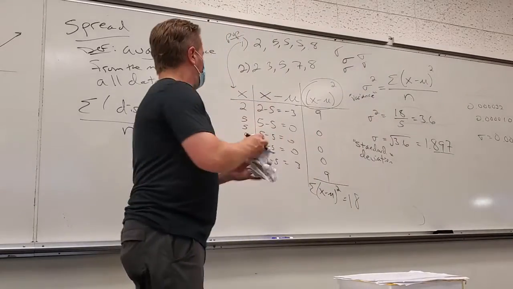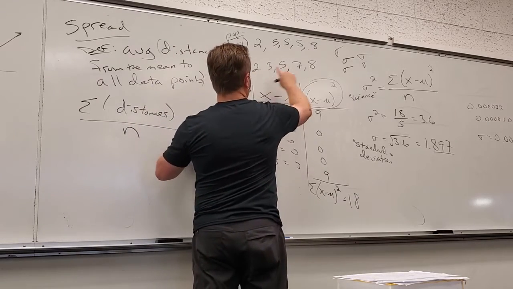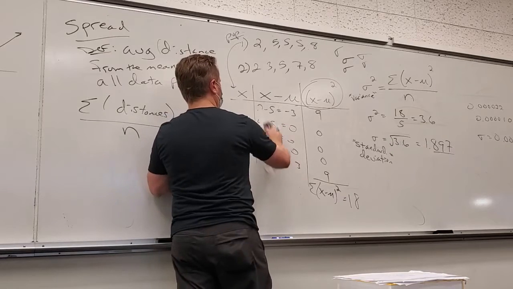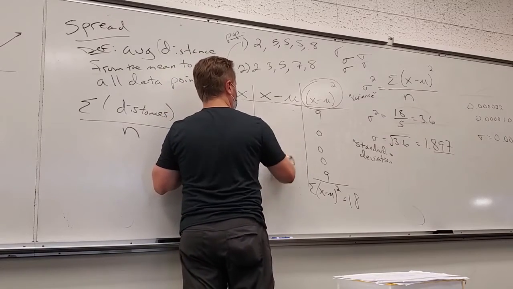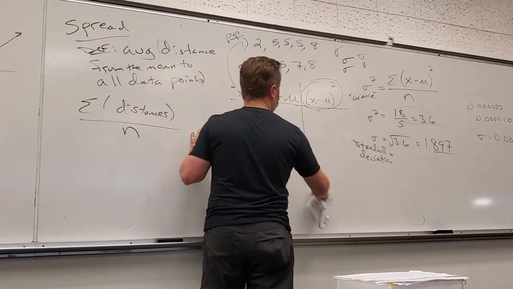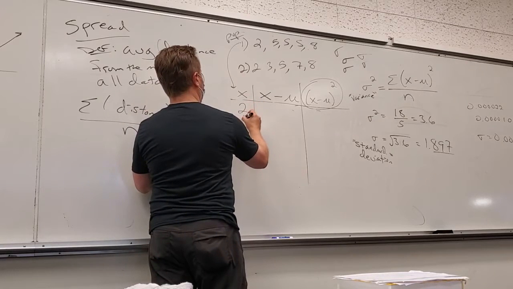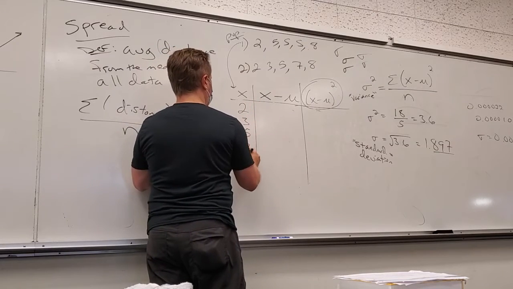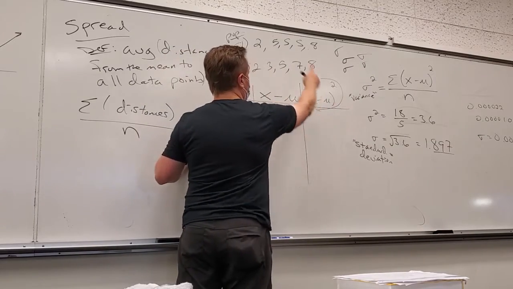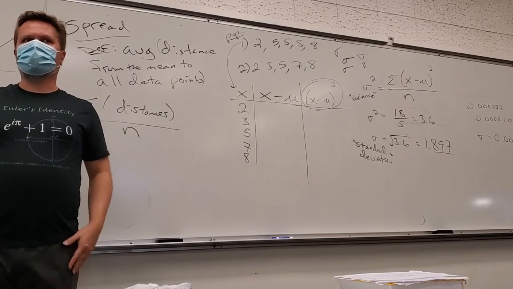So, what I want you guys to do is to set that up here. I'm going to let you get a little bit ahead of me and then I'll catch up to you. Remember, our prediction was this guy's spread should be more than that guy's spread. So we should get a bigger number than 1.897.